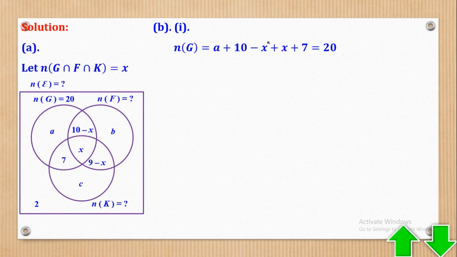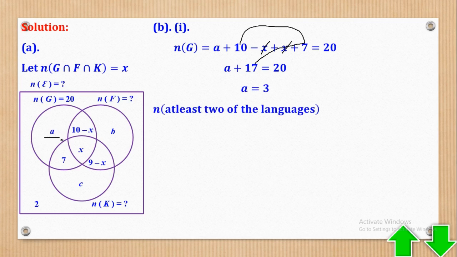When you do that, you realize that this and this cancel, so that you come up with that. This 10 plus this 7 gives you 17. Therefore A plus 17 is equal to 20, meaning that A is equal to 3. So I've got the value of this A.